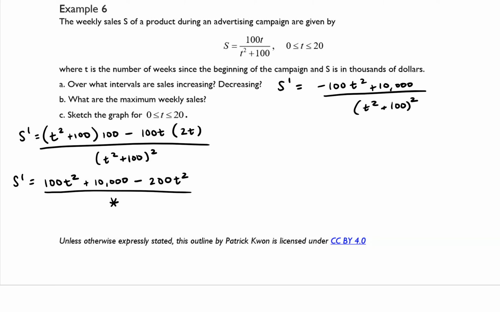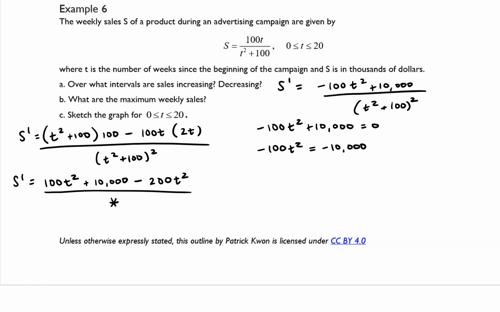All right, so recall from a previous example, I said that when you have a rational function and you want to solve for when it equals 0, a rational function is equal to 0 when the numerator is equal to 0. So let's go ahead and solve. We are going to set the numerator equal to 0. If I subtract 10,000 on both sides, we get negative 100 t squared is equal to negative 10,000.